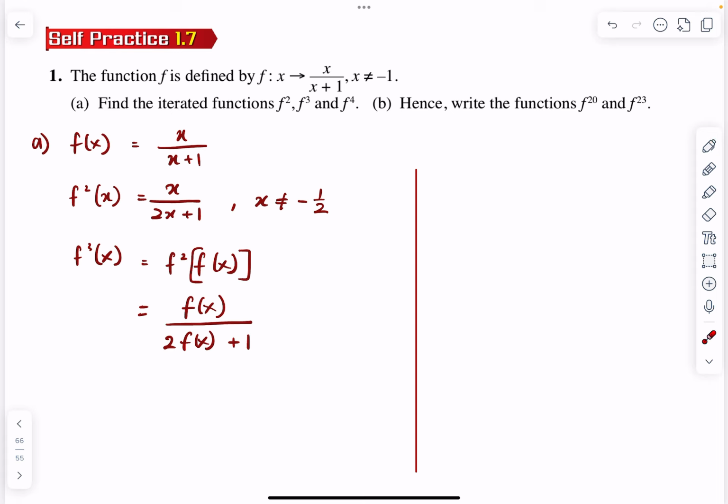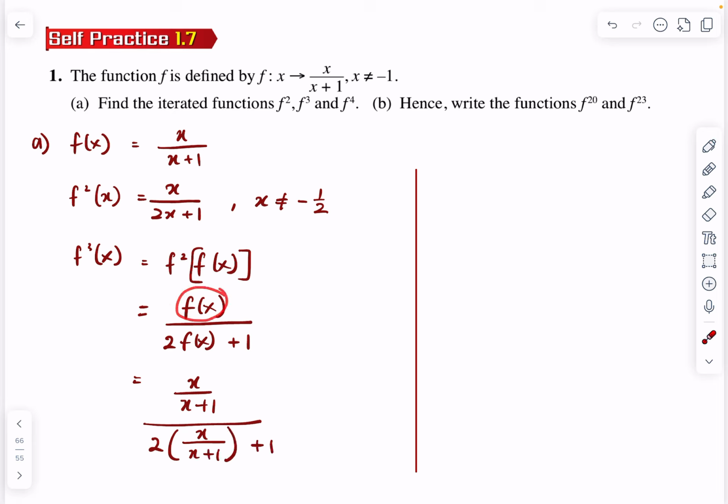Now we know f(x) is this, so we put this into the f(x). So x over x plus 1, divided by 2 times x over x plus 1, plus 1. So we sub the f(x) with the actual f(x) that we have. Now we expand. Divide by, this one we can do the same thing as just now.